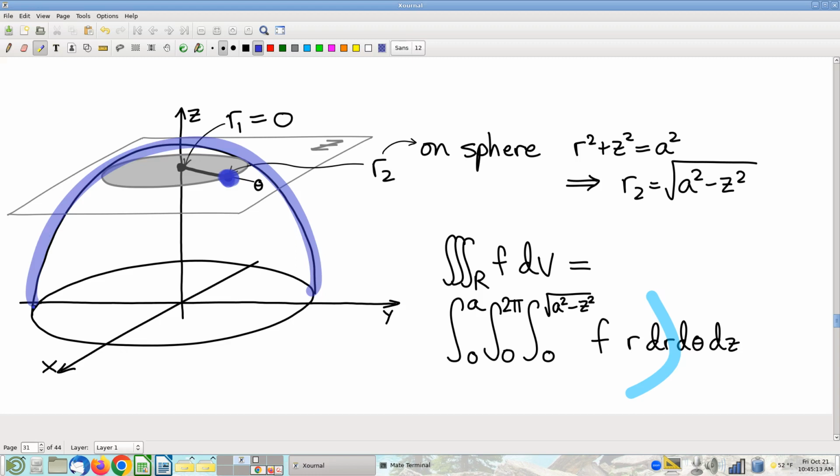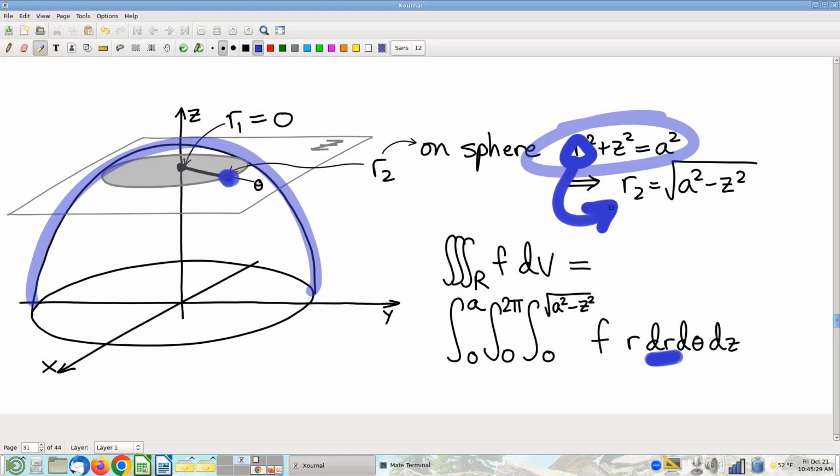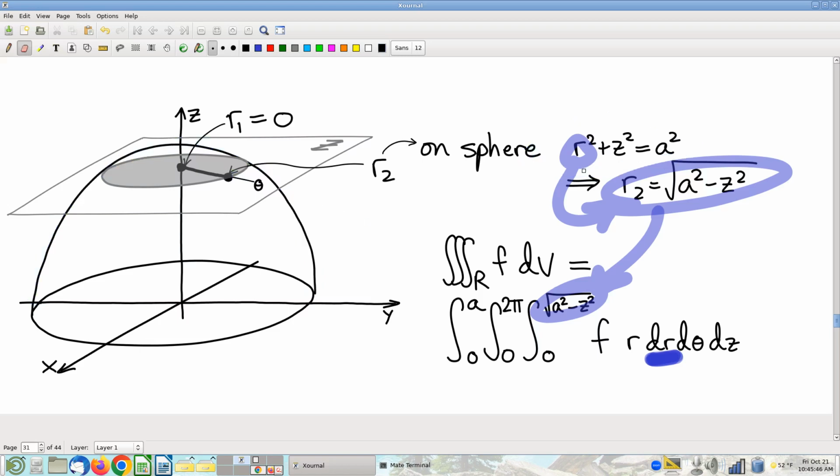I have a picture to be able to identify what you know about which points serve which roles in your integral. That point is on the sphere, which again has that equation. Now keep track, though. What are we solving for? Here we are solving for r. In the last example, we had to solve for z. Here we're solving for r because we're looking for r bounds. And so we get that. Everybody on board? All right.